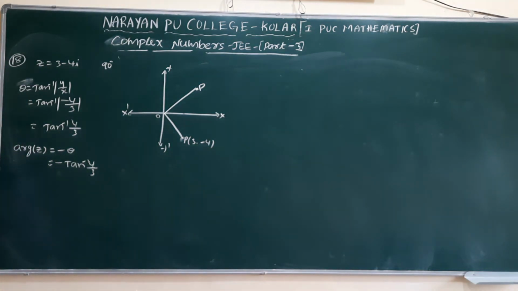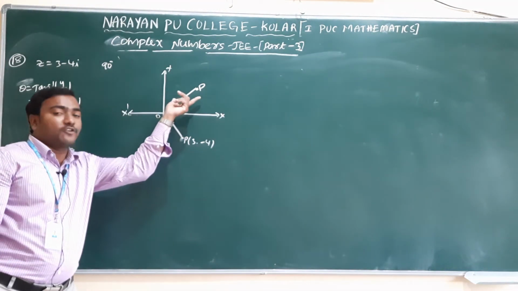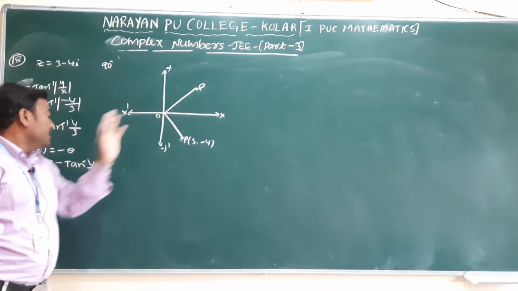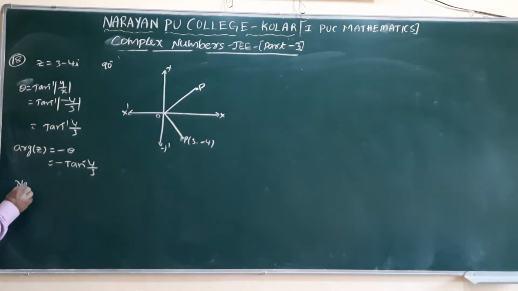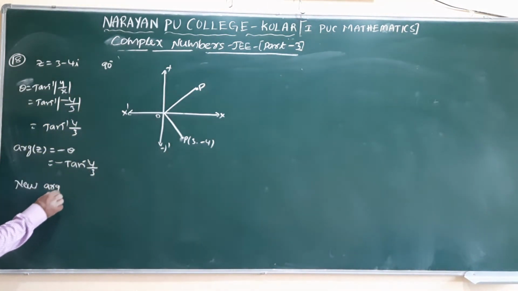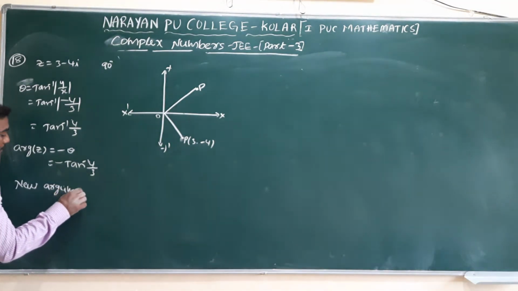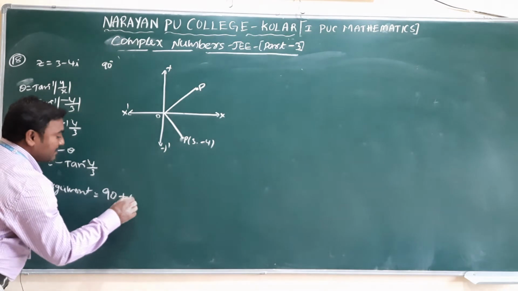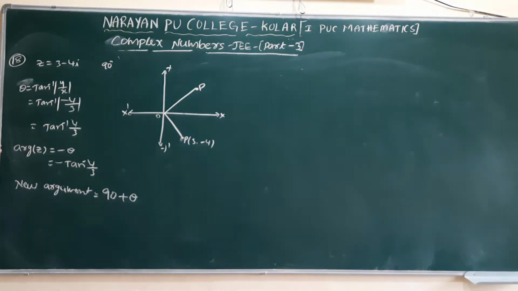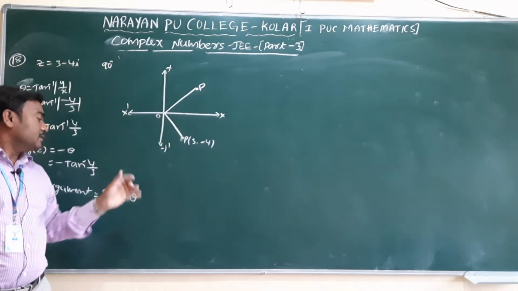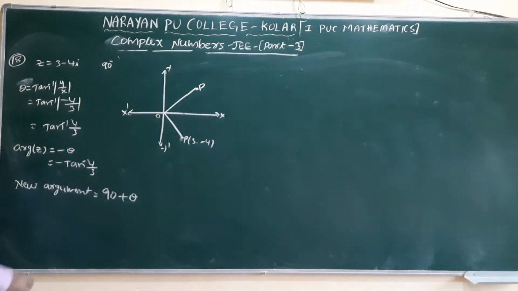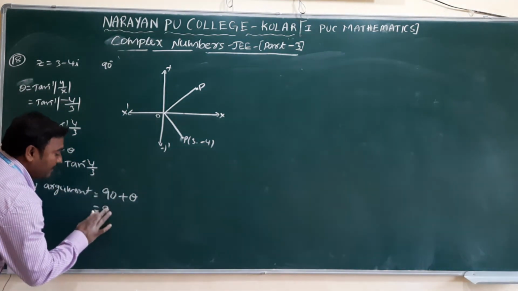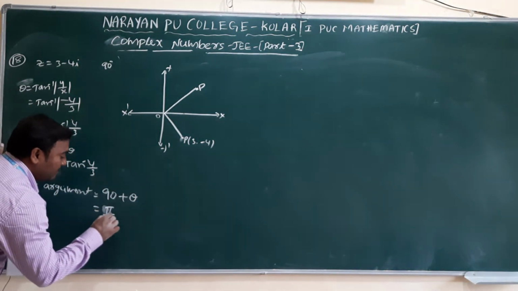But here we have to find the new argument. The new argument of z, the new position, is 90 plus theta, since it rotates by 90 degrees. So 90 plus the argument; here we have taken 90 degrees as pi by 2 in radians.